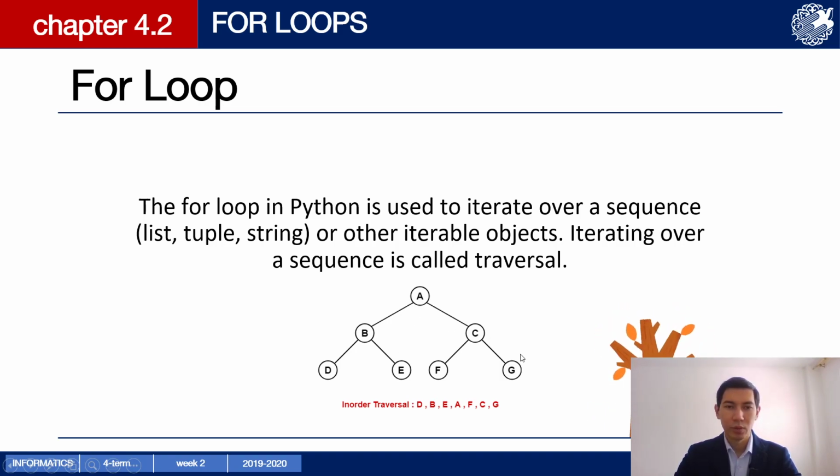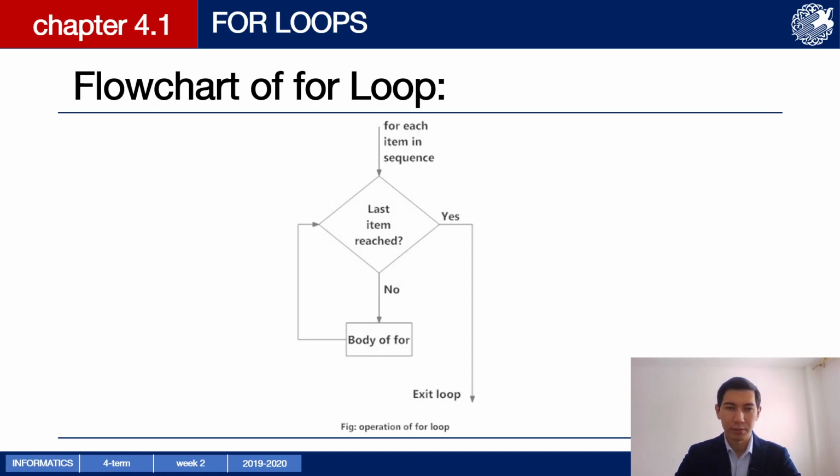Okay, let's move on and solve a couple of problems, but before that we may also understand the loops from this flowchart. So basically one item or sequence is coming in, kind of an input, and we check whether the last item has been reached.